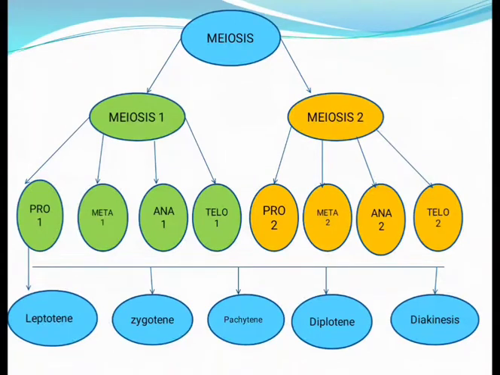After leptotene comes zygotene, then pachytene, then diplotene and diakinesis. After diakinesis, the cells enter metaphase 1, then anaphase 1 and then telophase 1. After the end of telophase 1, the cells enter prophase 2, then metaphase 2, then anaphase 2 and at the last the cell performs telophase 2, after which the meiosis of the cell ends. So this is the sequence of phases in meiosis.